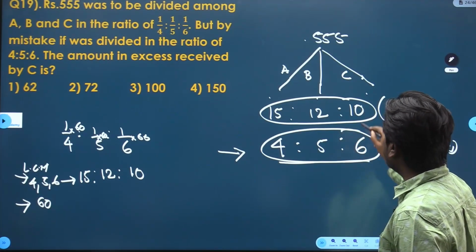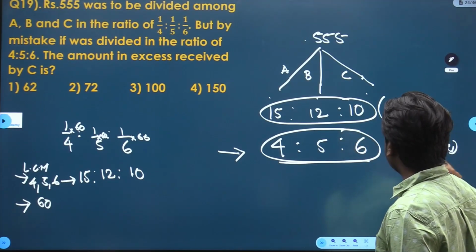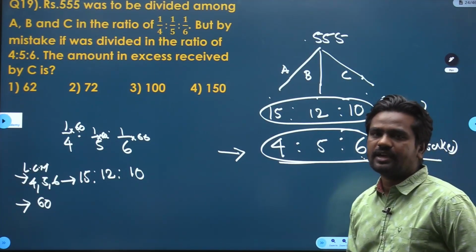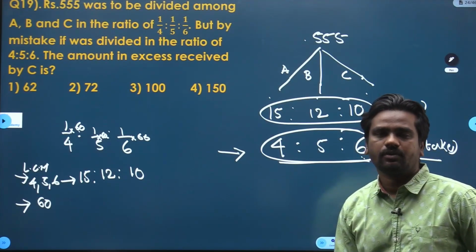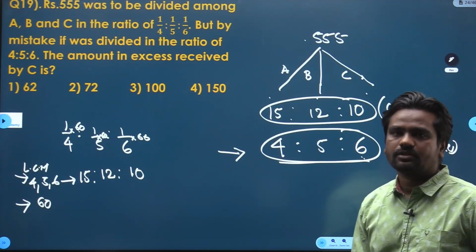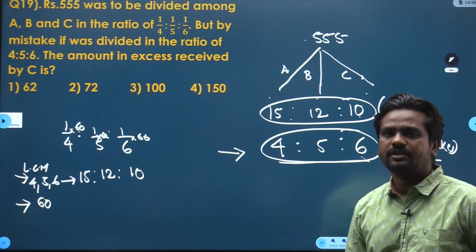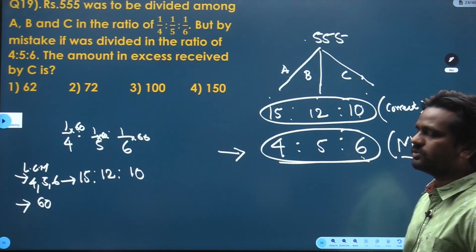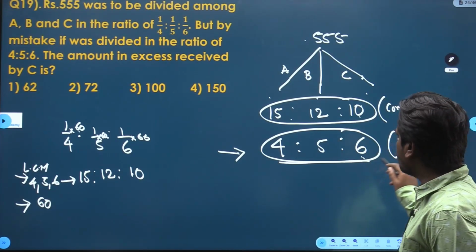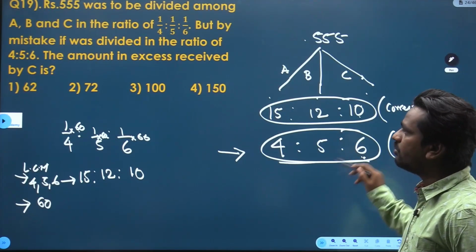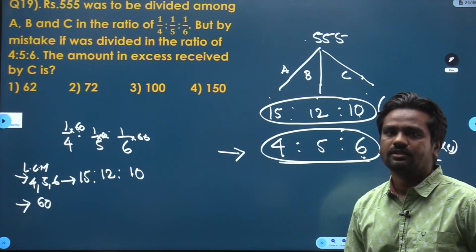Because of this mistake, C has received an extra amount. The amount which was supposed to be distributed in this ratio has been distributed in this ratio. So because of this mistake in distribution, C got excess amount. So they are asking what the excess amount is.